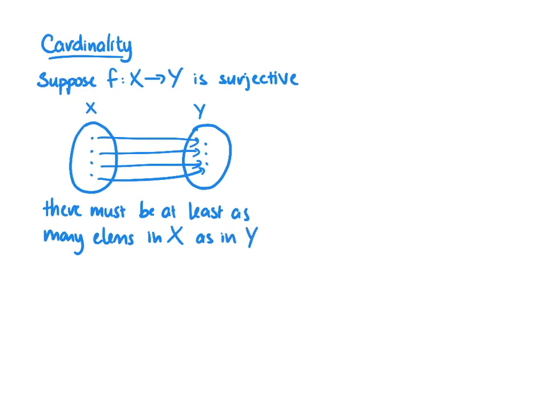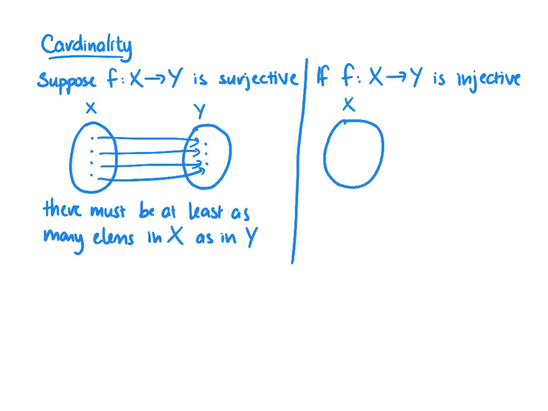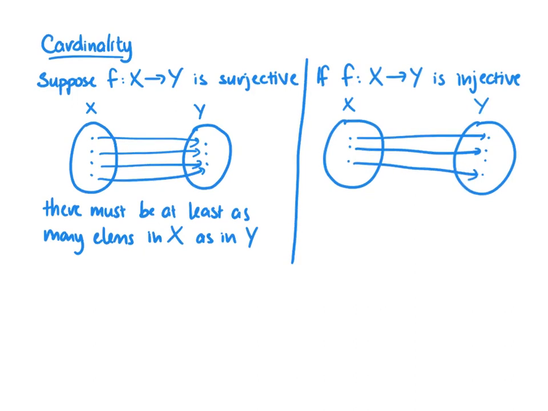And let's talk about injections now. If I have a function going from x to y that's injective, what can we say about the relative sizes of these sets? So different x and y than I had previously. Everything in x has to go to something different from every other element. Something like this.